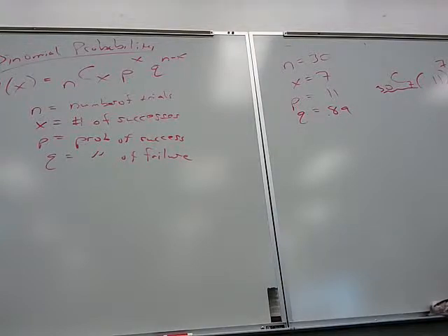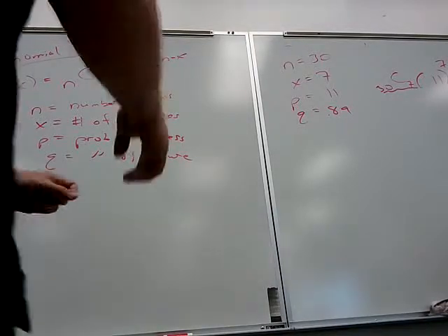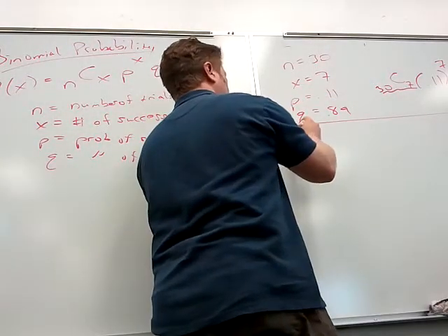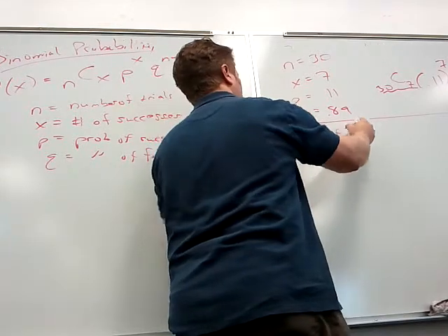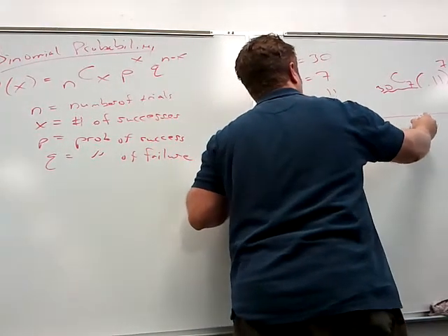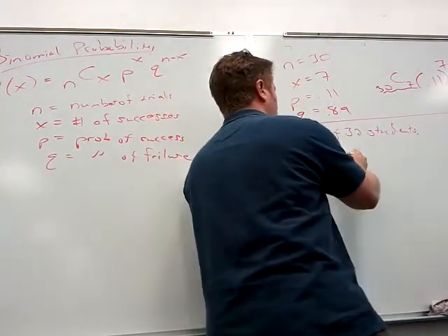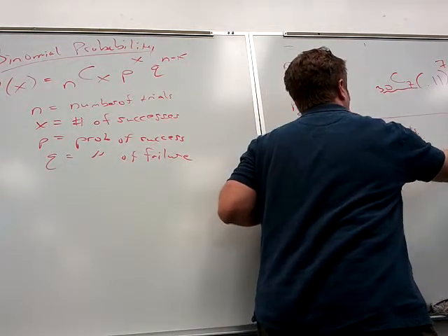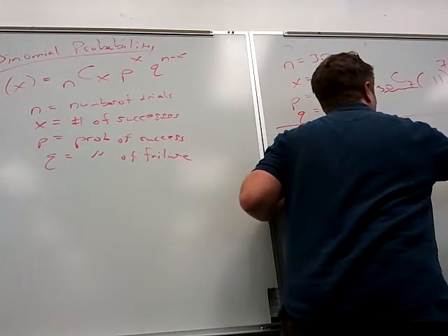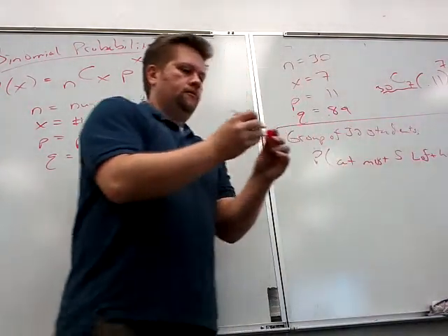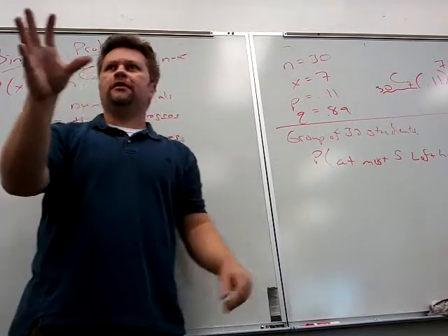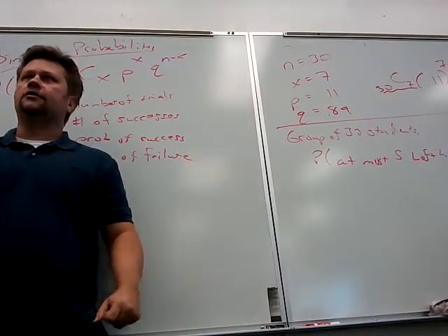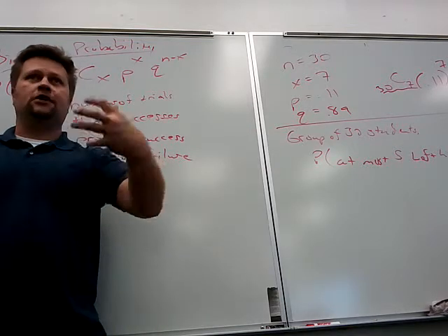So that would really say, out of any group of 30 students, what's the probability that there will be at most 5 left-handers? Does that make sense? Does that sound like a good, practical question that you want to know the answer to?